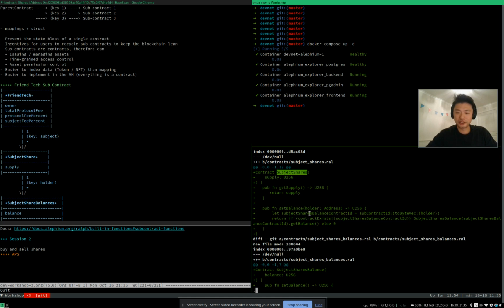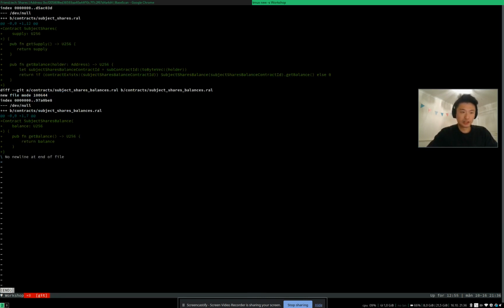Here, if we know the address of the holder, we can check whether there is actually a subcontract for this holder. If there isn't, it means that this holder doesn't hold any share for this subject. And if this subcontract exists, we just call the getBalance function from this subcontract.